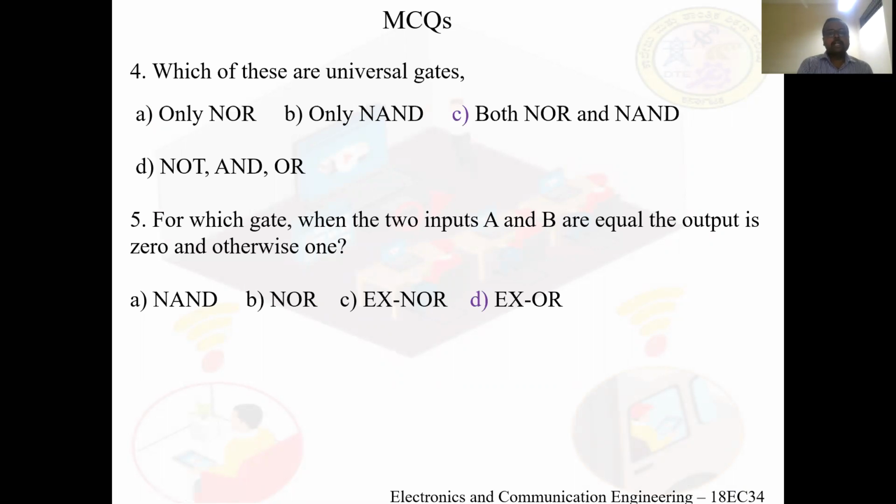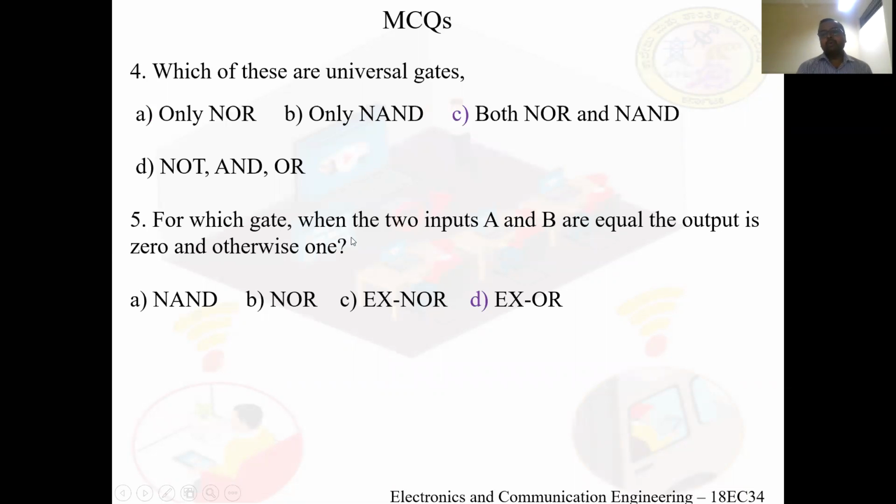The derived functions we have, NOR and NAND, we call universal gates. For which gate, when the two inputs A and B are equal, the output is 0 and otherwise 1? This is nothing but XOR, as the statement is given here.